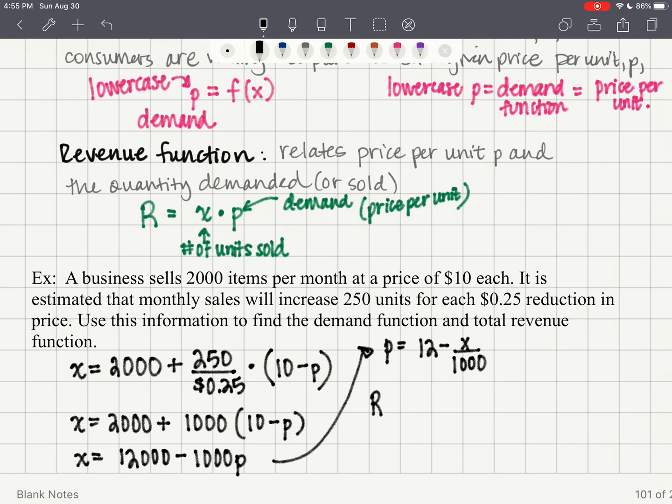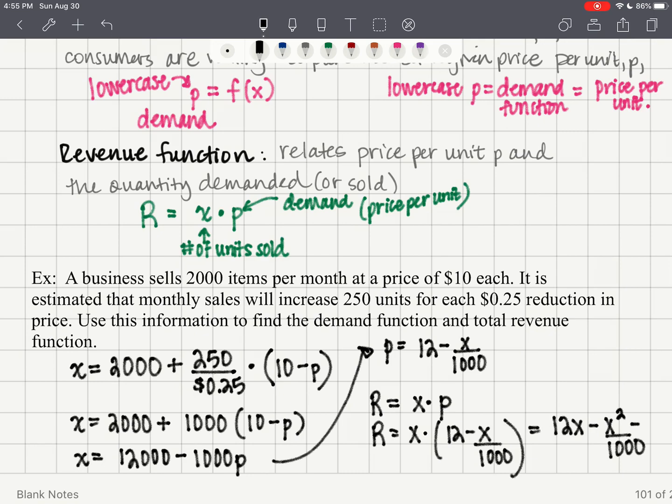So now revenue is equal to x times p. So revenue is equal to x times 12 minus x over 1,000, which is equal to 12x minus x squared over 1,000. And that's your revenue function.